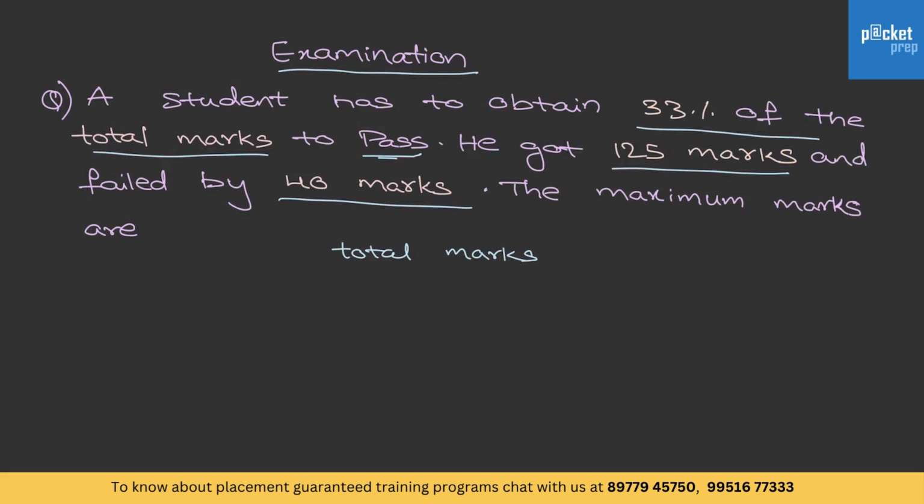Let's assume total marks as X. Given pass marks is equal to 33% of X. And given he got 125 marks. Though he got 125, he failed by 40 marks. That is, if he gets 40 more marks, his marks will be equal to pass marks.